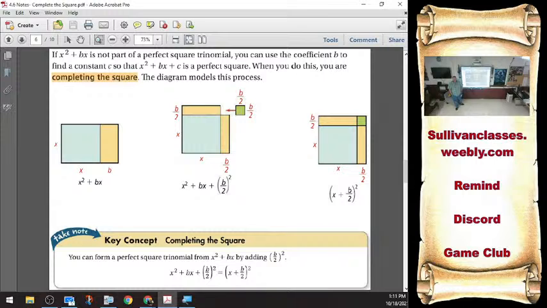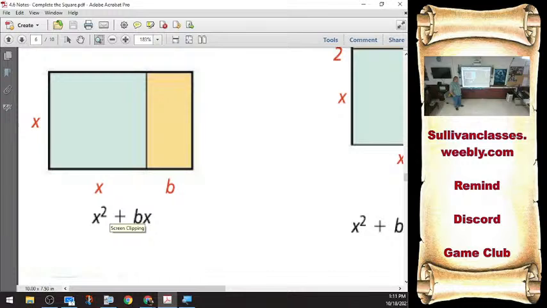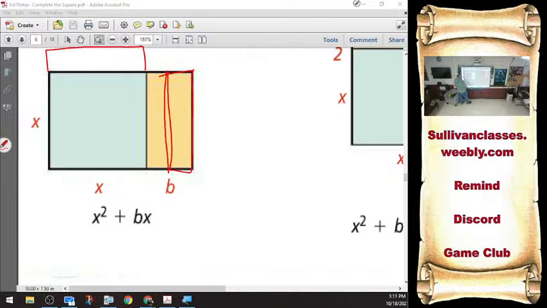This is a visualization of what is called completing the square. You did it back in Algebra 1. It's been a long time. But the idea is, if I wanted this to be a square, it isn't, right? So I'm going to chop this up, and I'm going to take this rectangle here, and I'm going to put it up here.